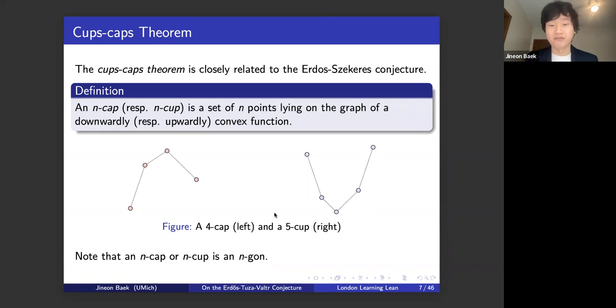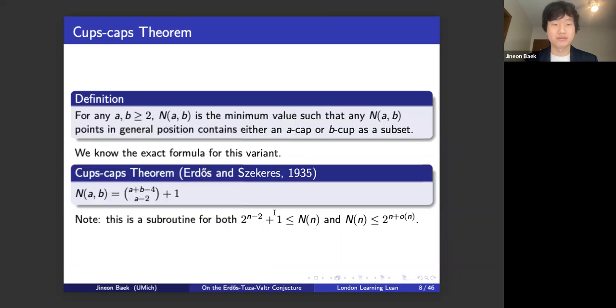And similarly for a 5-cup. Note that an n-cap and an n-cup are special forms of a convex n-gon. With these structures, we do know the exact formula for this Ramsey theoretic problem.